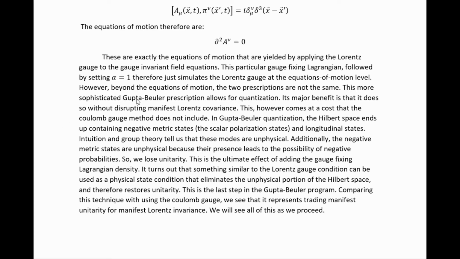This more sophisticated Gupta-Bleuler prescription allows for quantization. If you just try and apply the Lorentz gauge condition directly to the free Maxwell Lagrangian, it won't do anything. However, if we simulate it with this Gupta-Bleuler prescription, we find that the Lagrangian does actually change, specifically in a way that causes pi 0 to no longer be 0, and therefore allows us to quantize.